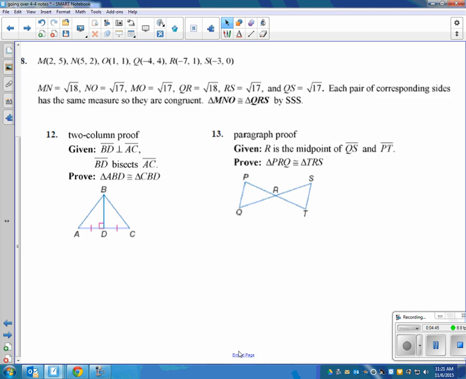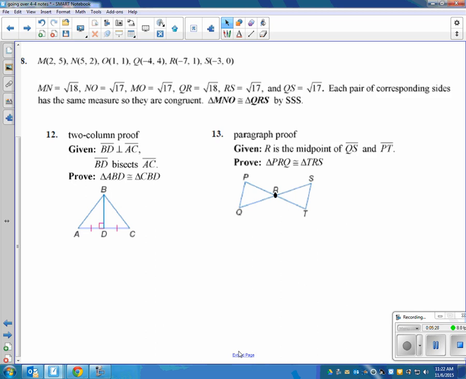Okay, paragraph proof. Given R is the midpoint of QS and RT, then we know... Since R is the midpoint of QS and QT, what should you say back there? You missed what you should say. I agree that's true, but you then jump to vertical angles.